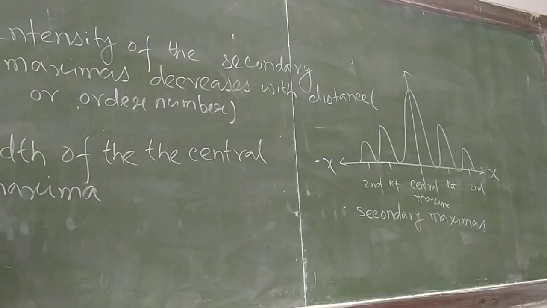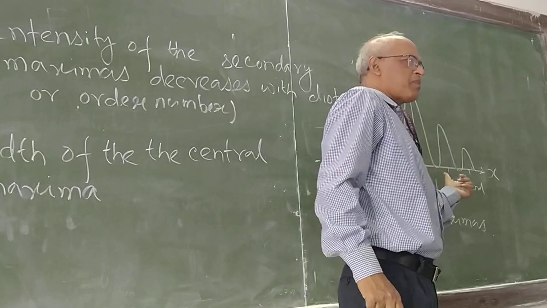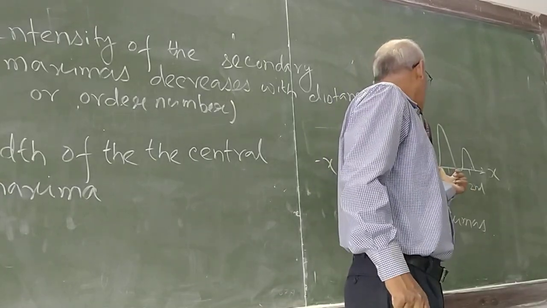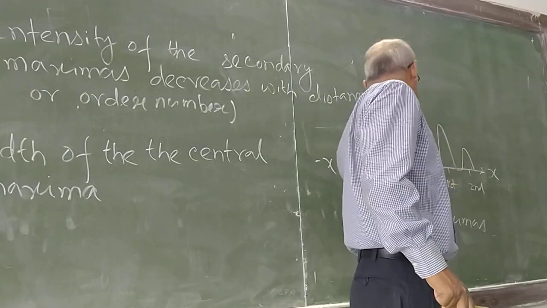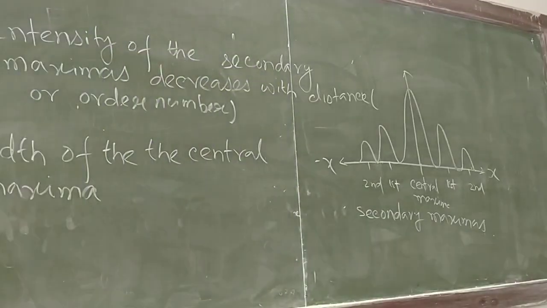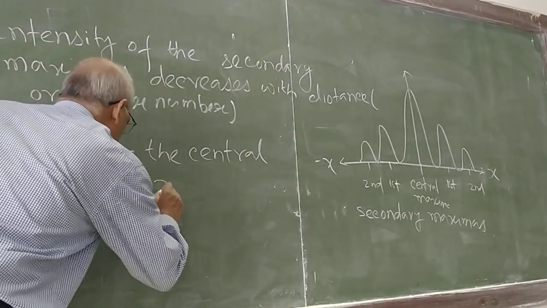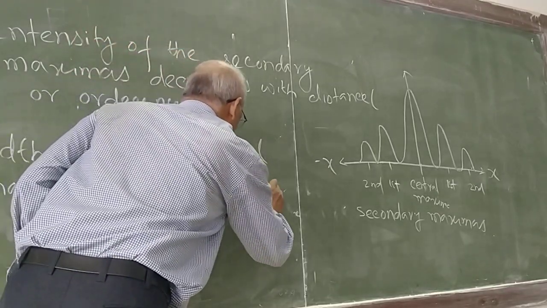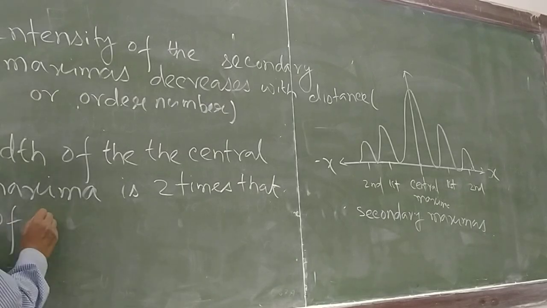Which of the central maxima? So if we set x1 to minus x1 to plus x1, this is 2x1. Right? So this distance. Okay. So the width of the central maxima is 2 times that of the secondary maxima.